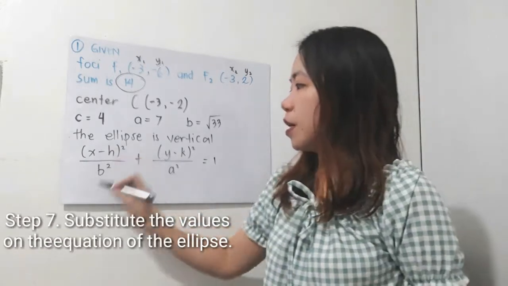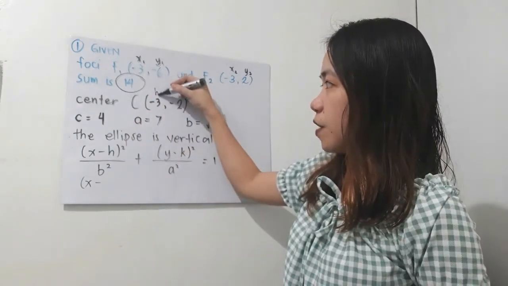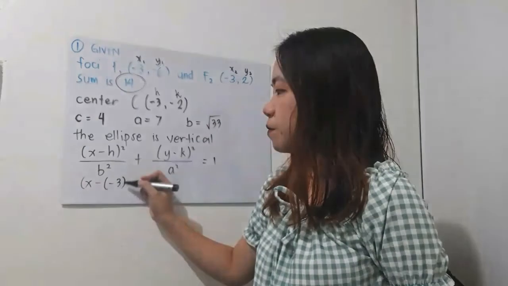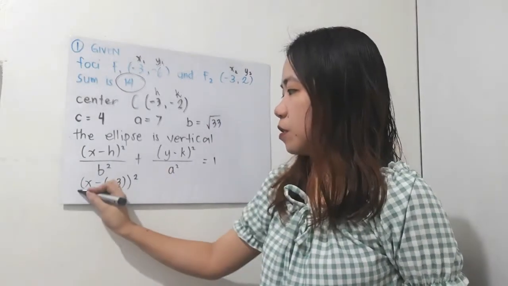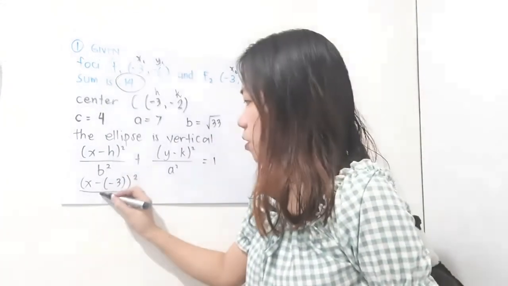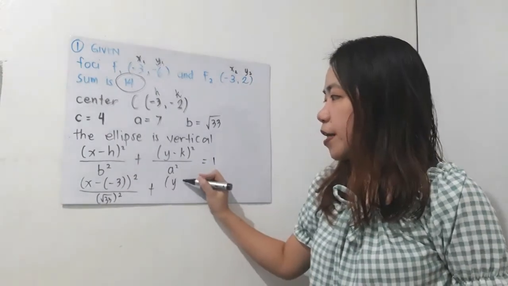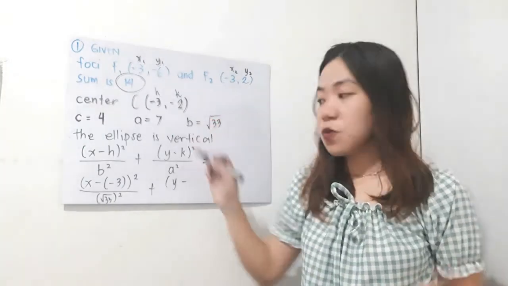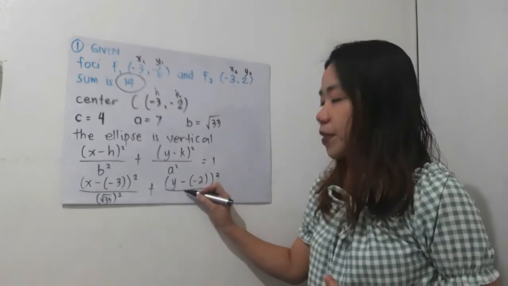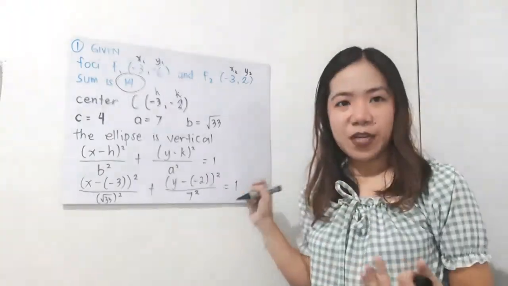Let's substitute. x minus h is from the center, so we have (h, k), just like the circle. h is -3, so we'll have (x minus -3) squared all over b squared. b is the square root of 33, so that is the square of the square root of 33, plus y minus k, k is -2, so we'll have (y minus -2) squared all over a squared. a is 7, so we'll have 7 squared equals 1.